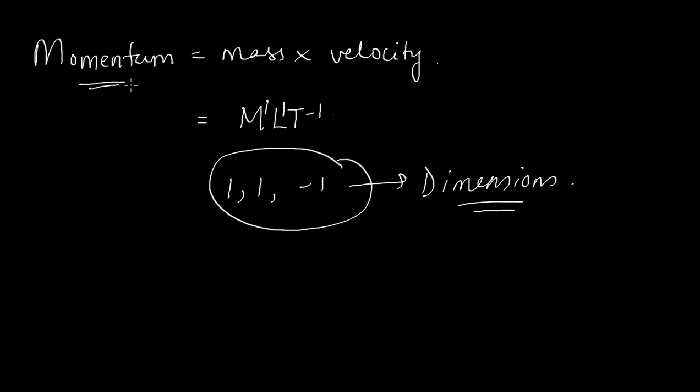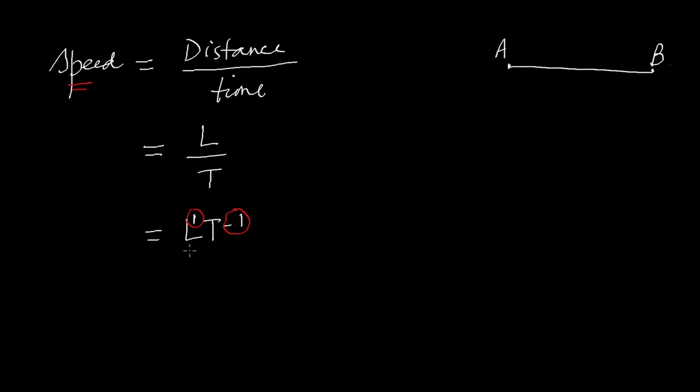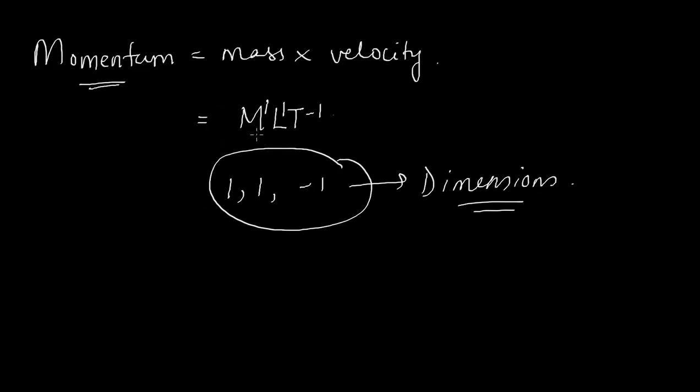Every physical quantity has different dimensions, not the same. Just like we have seen that speed has dimension LT minus 1, and momentum has dimension M L T minus 1. Understand? So how do we define dimension then? Dimension is nothing but the powers to which the fundamental quantities M, L, T are to be raised in order to define that physical quantity completely.